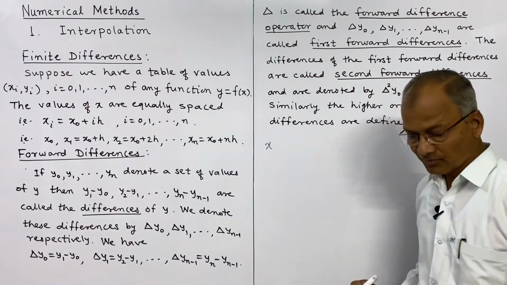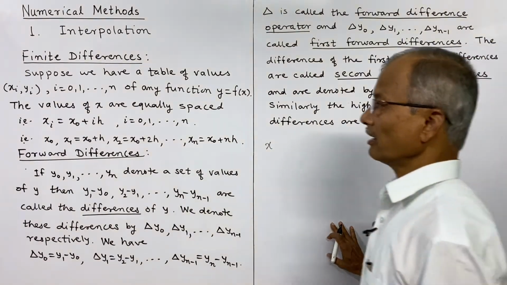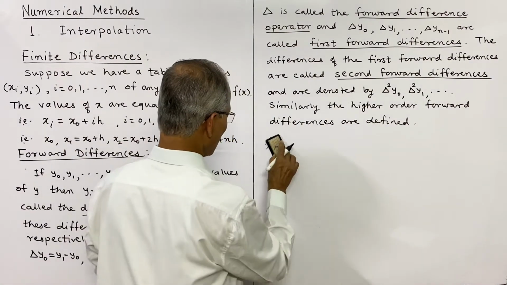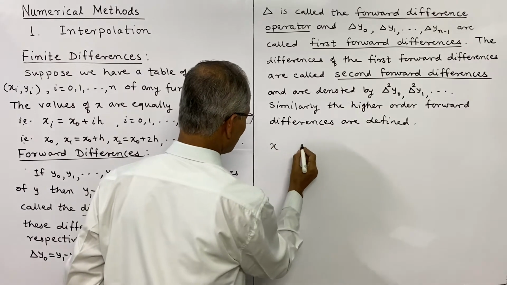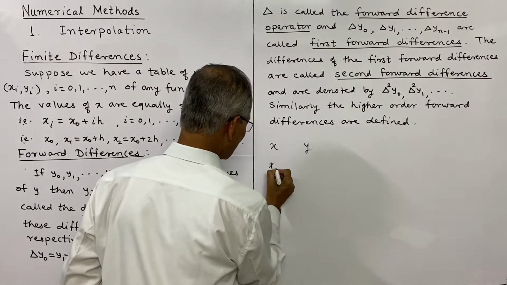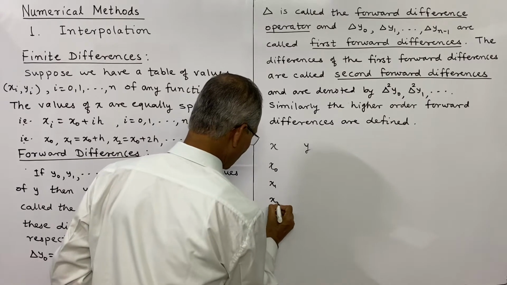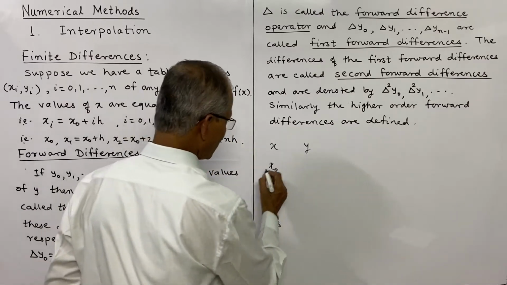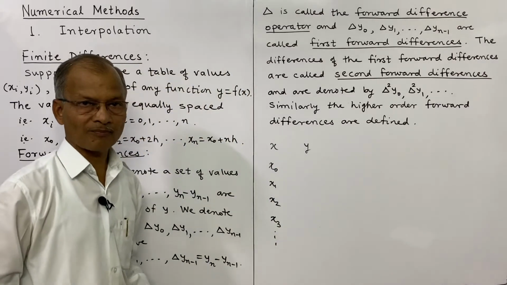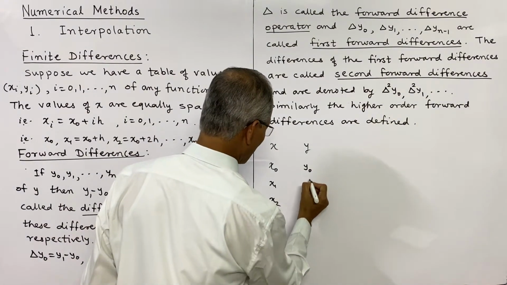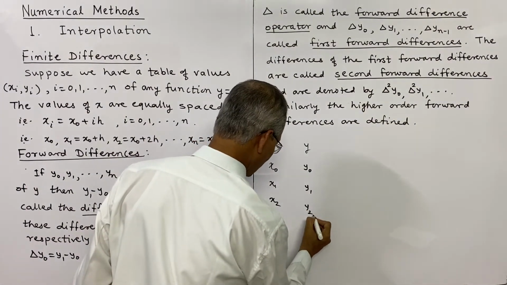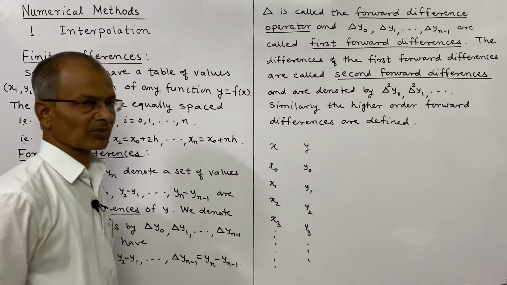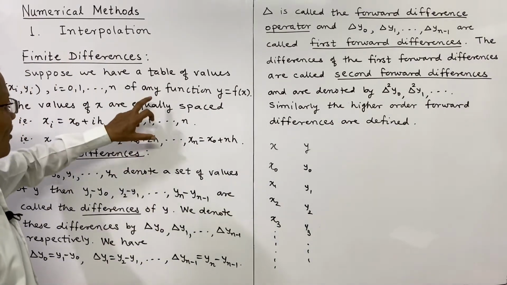If we are given a table of values, xi, yi, with i from 1 to n, that means we have x values x0, x1, x2, and so on, and the corresponding values of y denoted by y0, y1, y2, etc. These values will satisfy a certain relation, or a function.